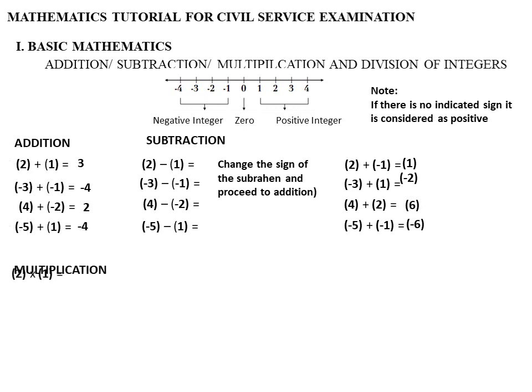Okay, and multiplication. Positive 2 times positive 1 is equal to positive 2. If the same sign, then the answer is positive. If different sign, the answer is negative. That's it. Negative 3 times negative 1 is equal to positive 3. They have the same sign, so the answer is positive.